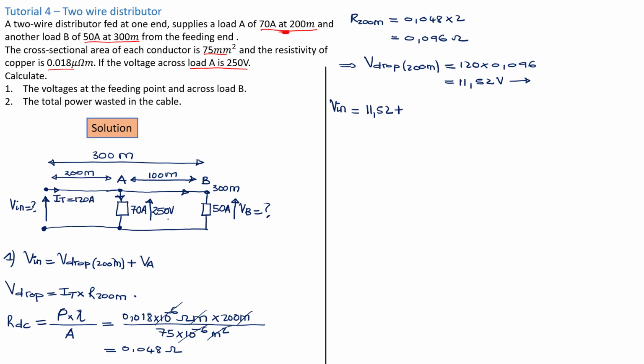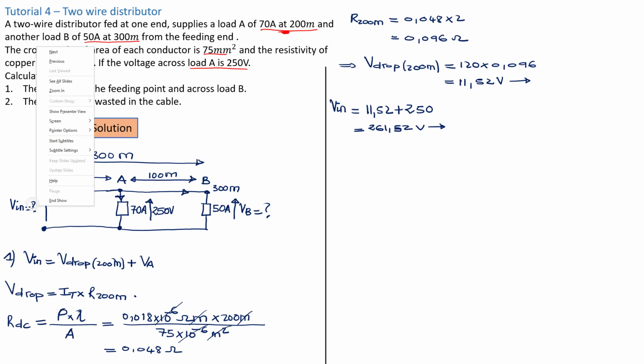But it's only 250, so some got dropped along the way. So we're going to add that voltage plus the voltage drop, and this is going to be 261.52 volt. So this is the voltage at the feeding end.